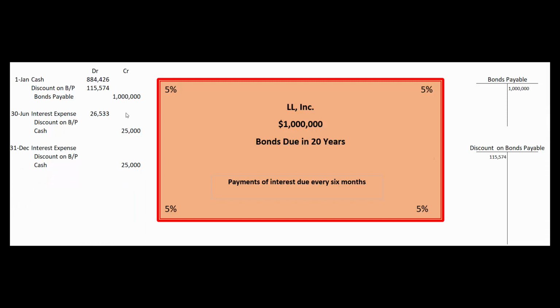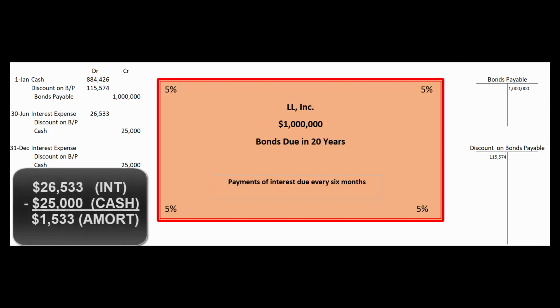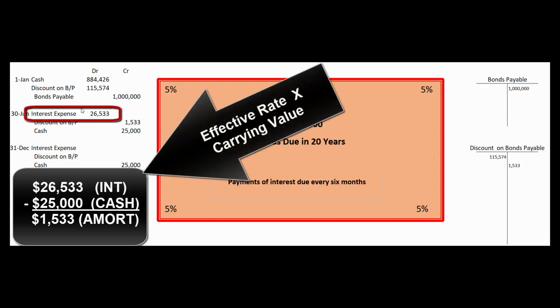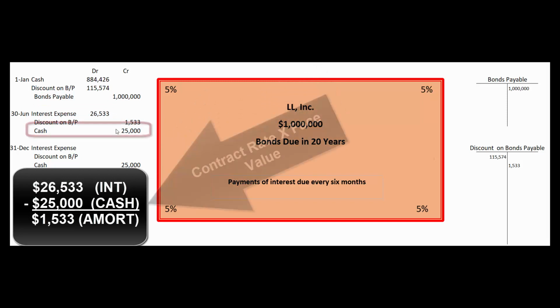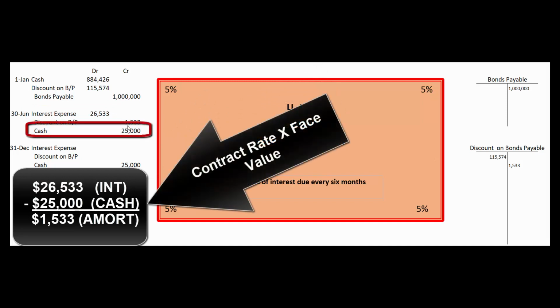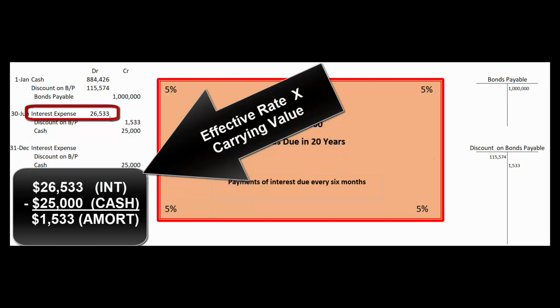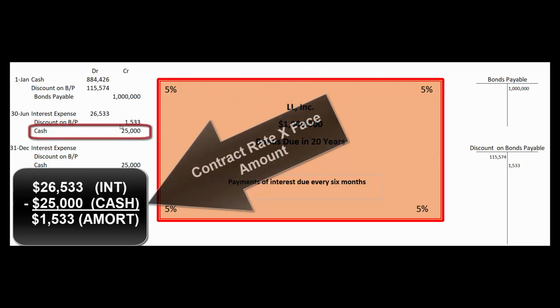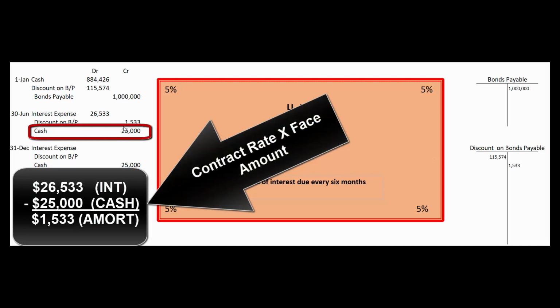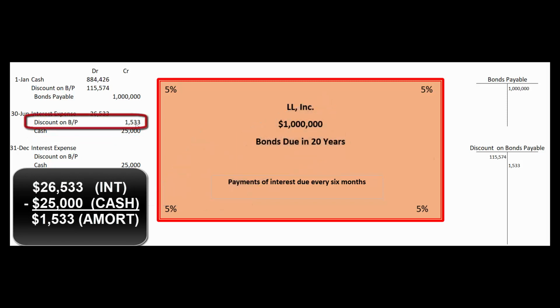No, we need to book the amortization of the discount on bonds. That's 1,533. So if you think about it, we're respecting the book's formula. Interest expense is the effective rate times the carrying value of the bonds. The cash payment is the contract rate times the face value. So the amortization is the effective rate times the carrying value minus the contract rate times the face value gives us the amount of the amortization.